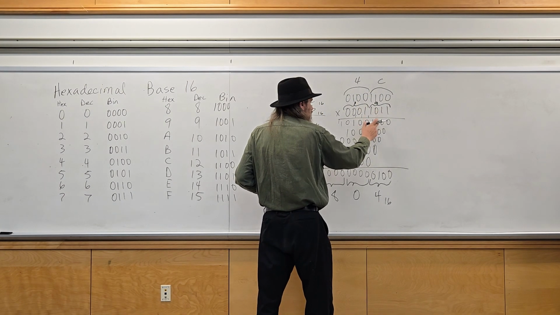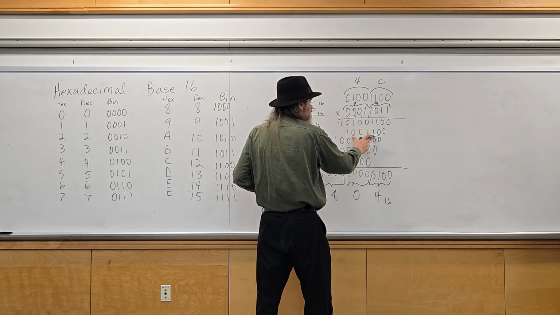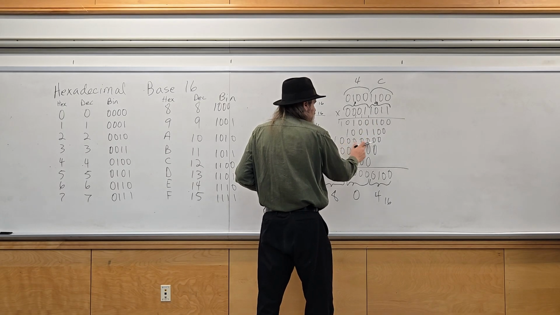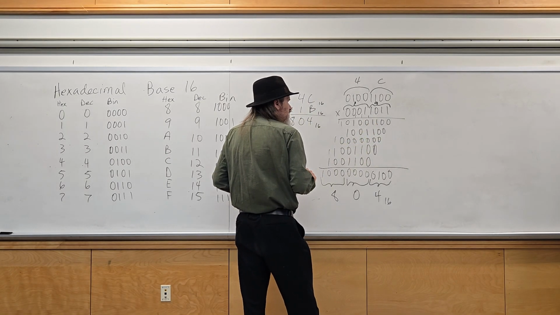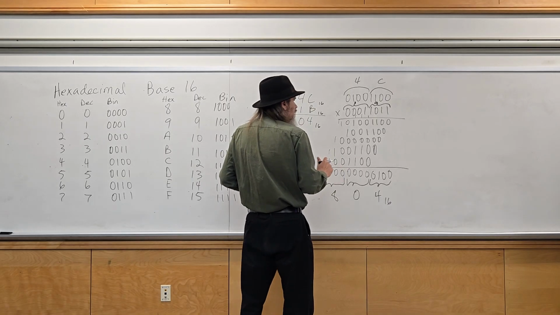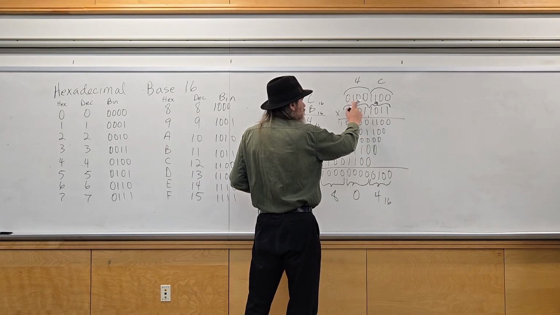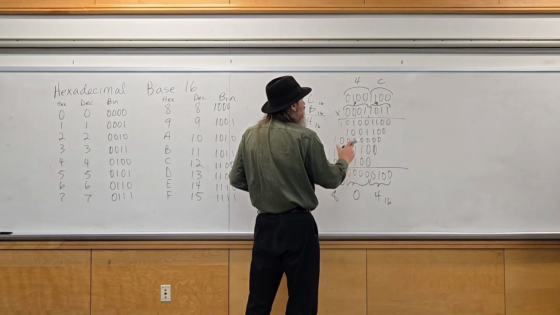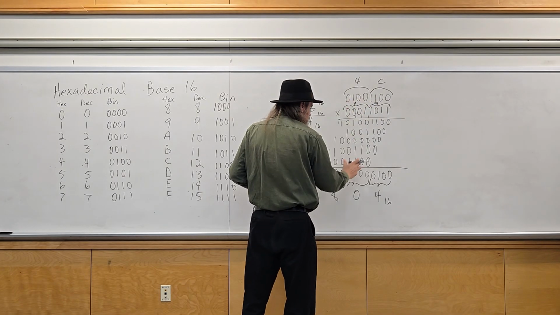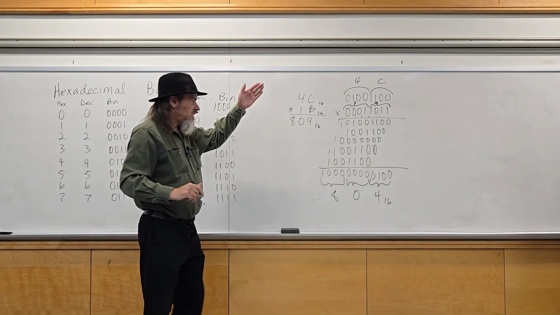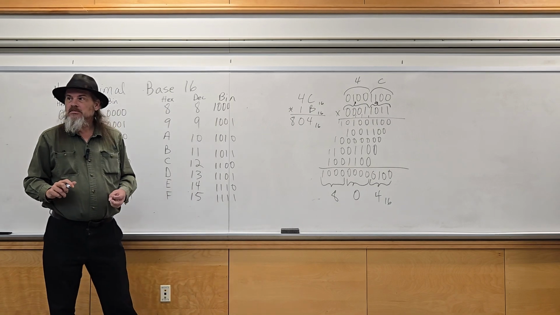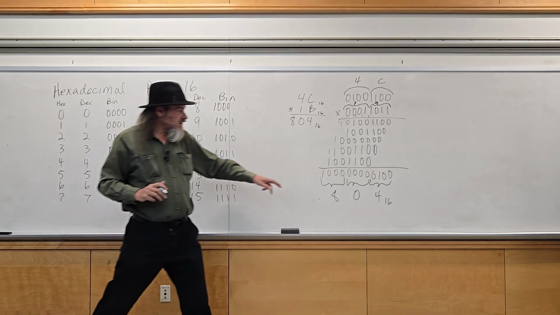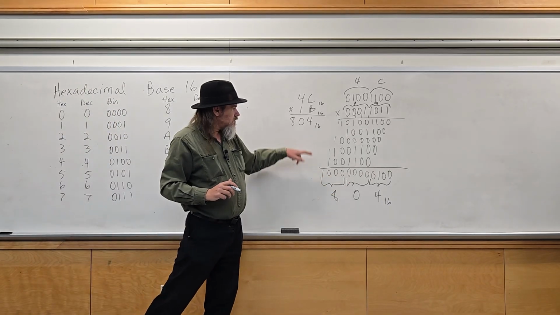If there's a 0, shift and do it again for the second digit. For the third digit, it's zeros, so you just put zeros as a placeholder there. 1 times that is that number again, copied down here, and then you just add them together. Then convert them back to hexadecimal.